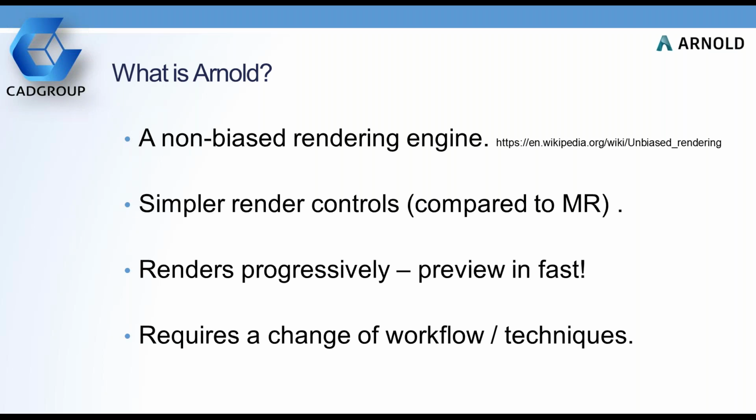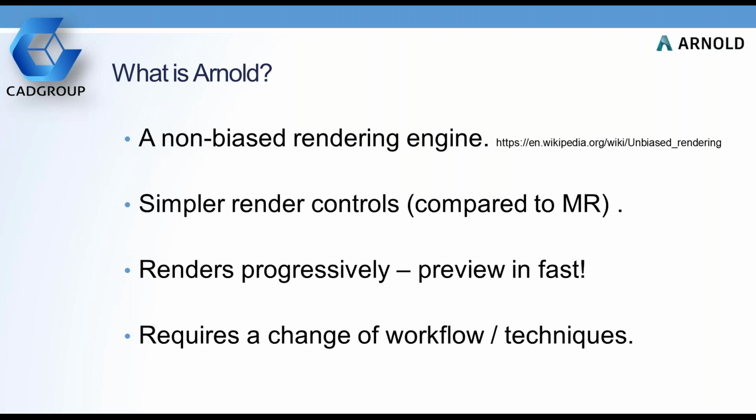I would suggest that with Arnold, we now have a rendering engine built into 3ds Max which compares very favorably with V-Ray, and in some cases may even be simpler to set up and use than V-Ray. So what you've now got is a free rendering engine built in that I would say will probably start usurping V-Ray's usage to some respect.